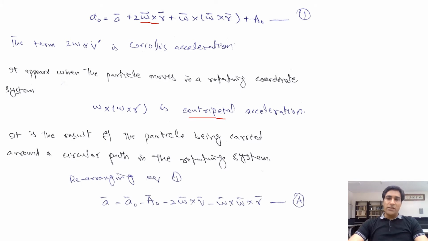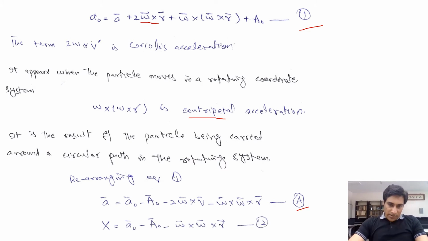So by rearranging equation 1, we will get a equals a naught minus 2 omega cross v minus omega cross r. So I named this equation as a.